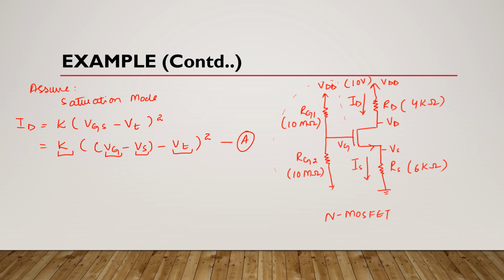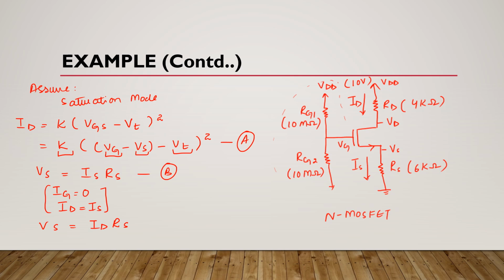Now from Ohm's law we know that source voltage is equal to source current multiplied by source resistor, and in field effect transistors we know that gate current is 0 and drain current is equal to source current. It means this equation B can be written as source voltage is equal to drain current multiplied by source resistor.